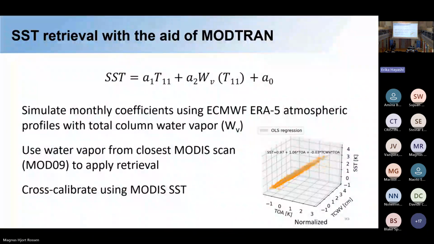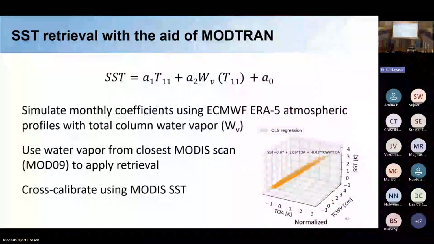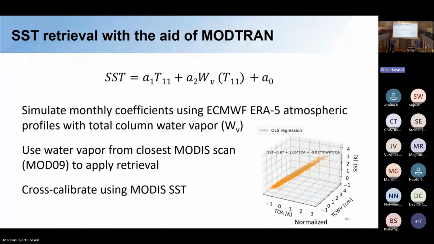So digging into the algorithm, this is the retrieval that we used. We used MODTRAN to simulate the temperatures for this. We used ERA5 atmospheric profiles and sea surface temperature as input, and simulated monthly coefficients for the retrieval.